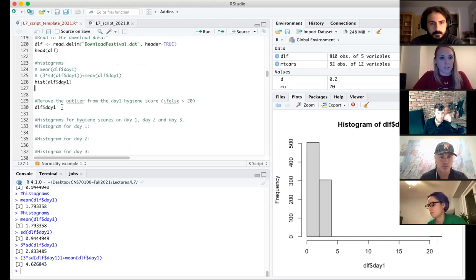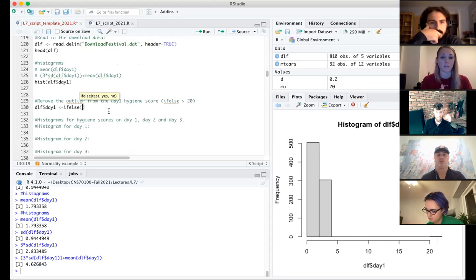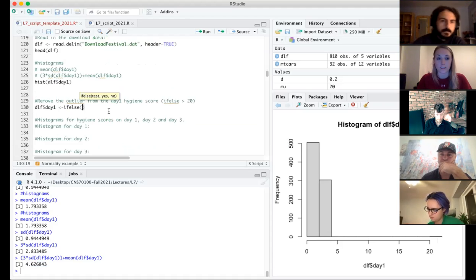Down here I'm going to use a statement called ifelse. You give it the logical test you want, what you want it to do if that thing is true, and what you want it to do if it is not true.